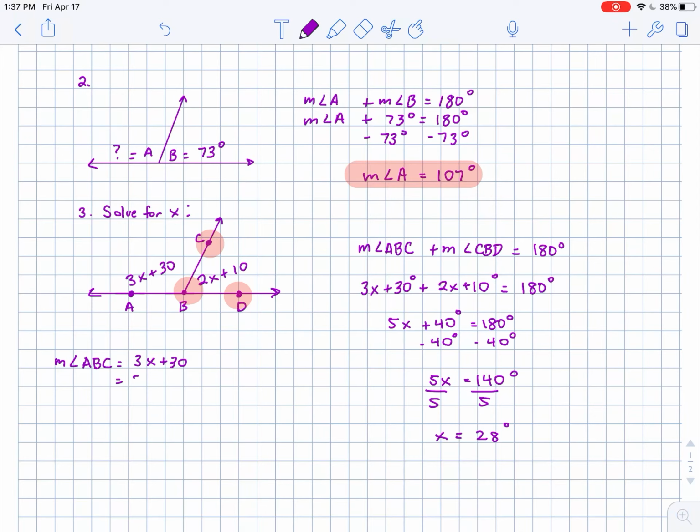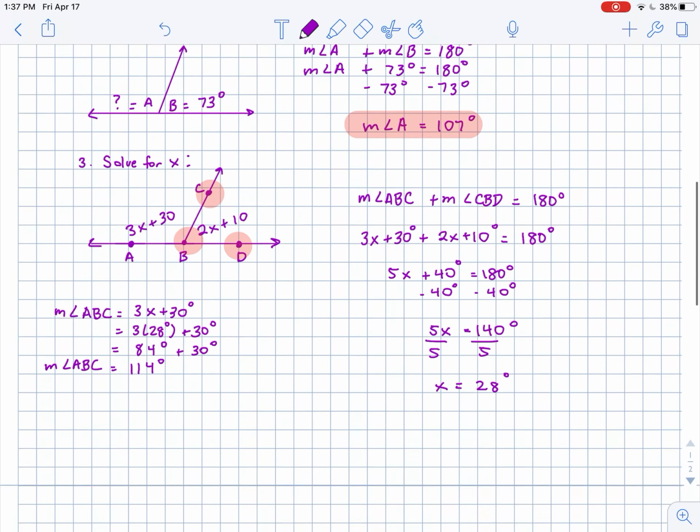I know what x is. I can simplify. And I can simplify one step further. Okay, so the measure of angle ABC is 114 degrees.